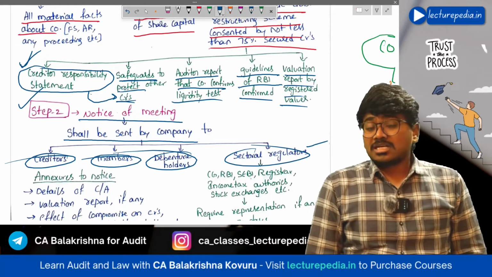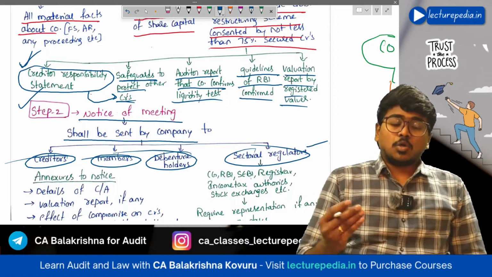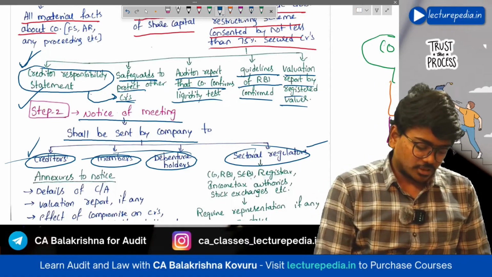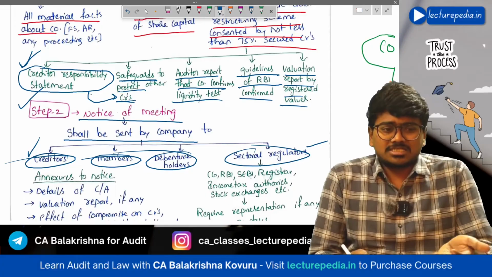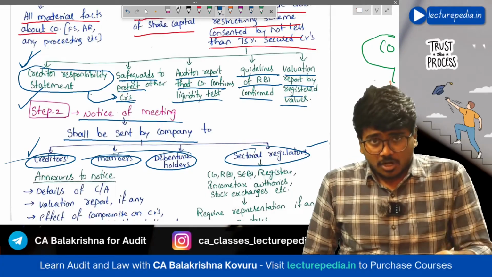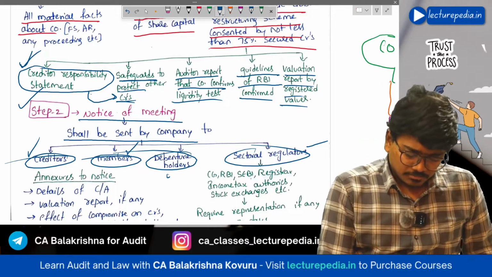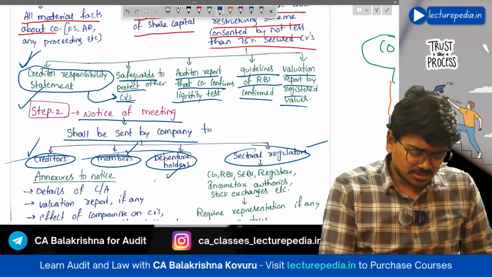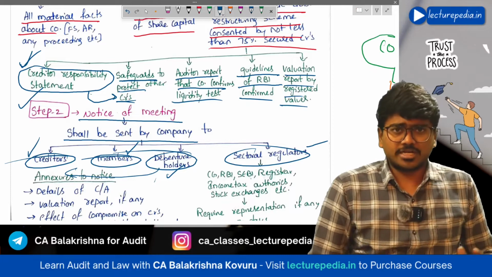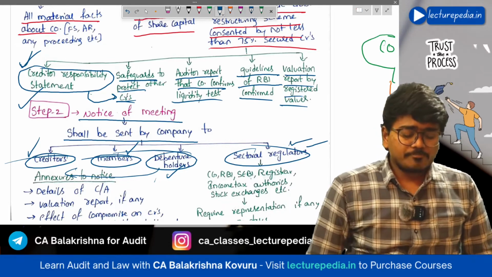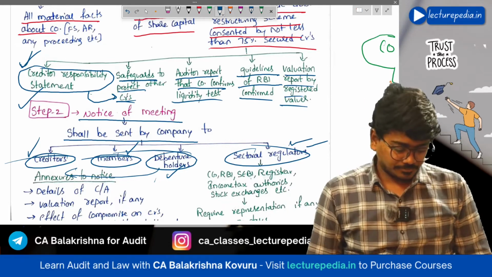So the company will send the notice of the meeting to the creditors, if the compromise is with the creditors. If the compromise is with the members, it will be sent to the members. Debenture holders are also one type of creditors only, and it will also go to sectoral regulators.